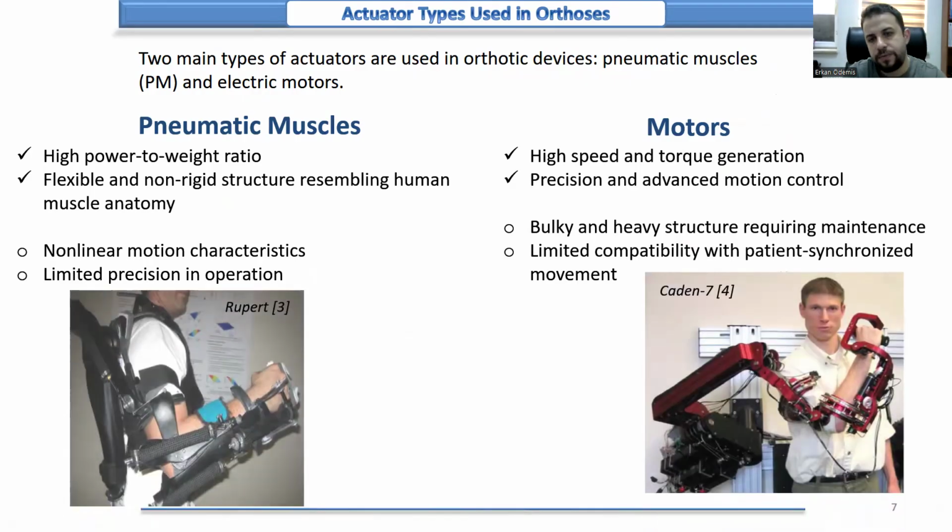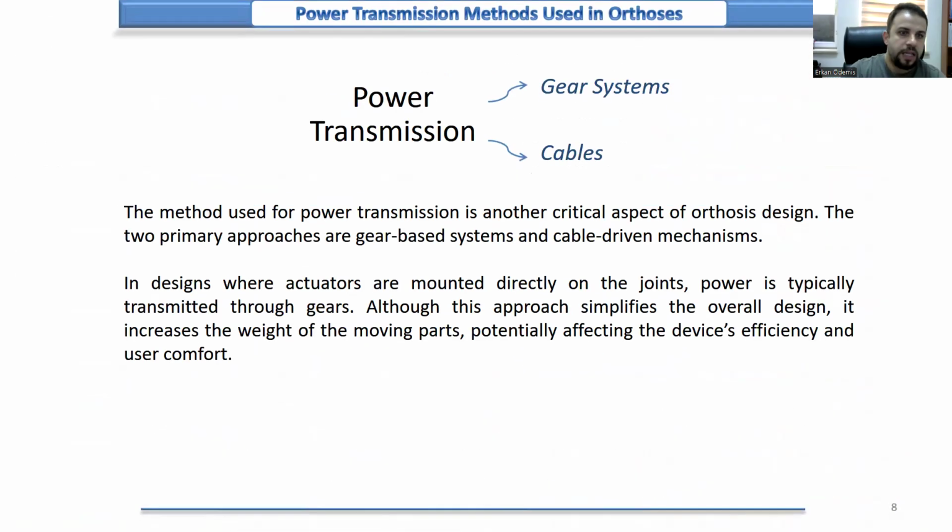On the figures, we can see two different designs. For example, Rupert uses pneumatic muscles and Cadence 7 uses electric motors for actuation. The method used for power transmission is another crucial aspect of orthesis design.